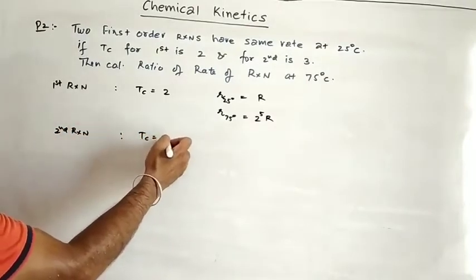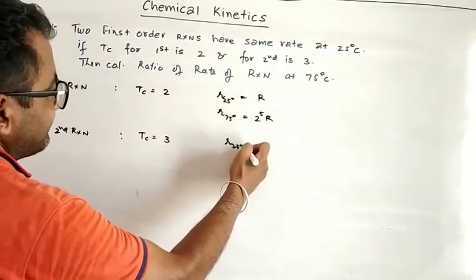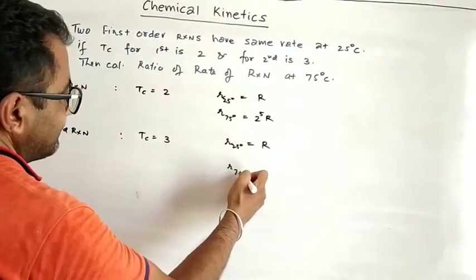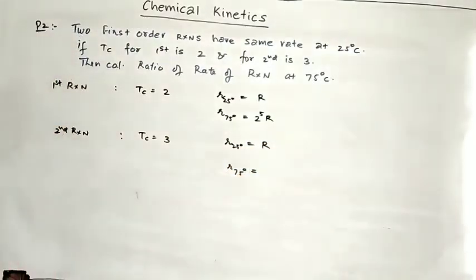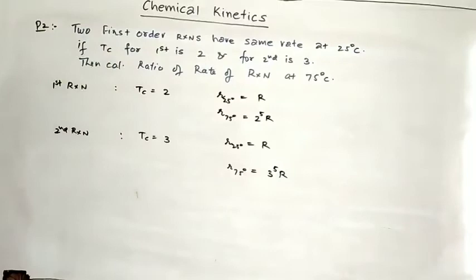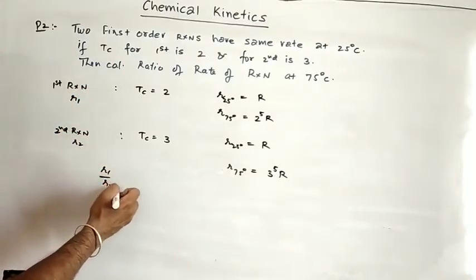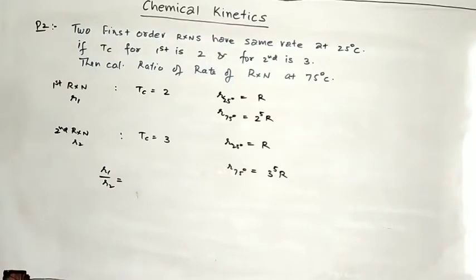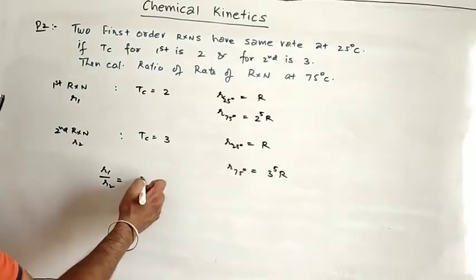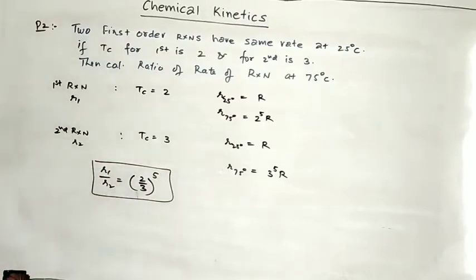Now the temperature coefficient is 3. Again, rate at 25 degrees R. What will be the rate at 75 degree when the temperature coefficient is 3? So 3 raised power 5 R. Now take the ratio. R1 for this, R2 for this. So R1 by R2 at 75 degree will be equal to, R cancels, 2 by 3 power 5. So this is your answer.